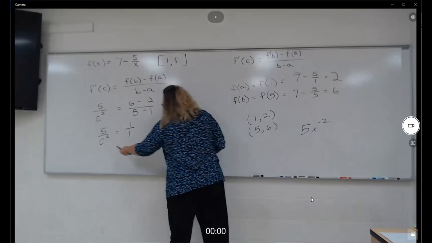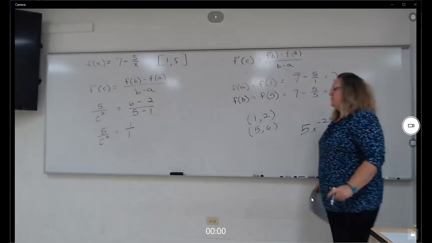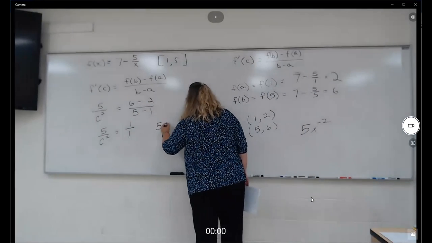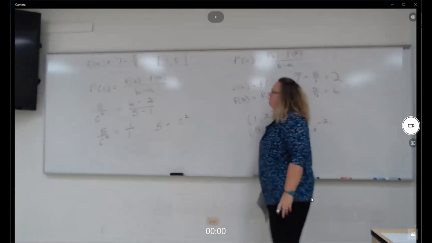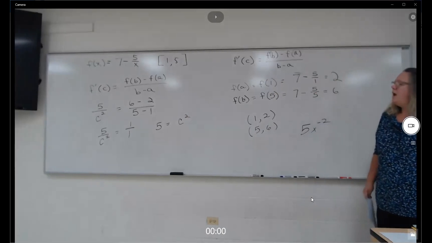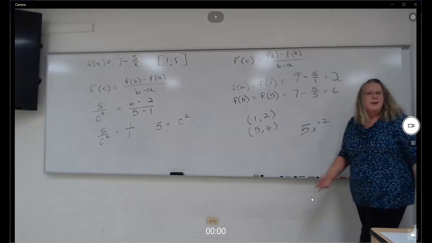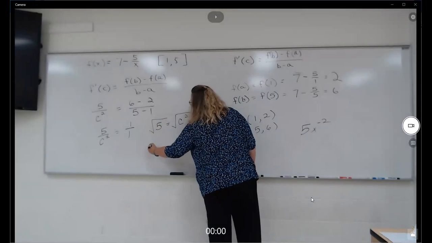Since this is a fraction, I always like to cross multiply. So I would cross multiply 5 times 1 equals c squared times 1. And then how do we undo the square? Take the square root.